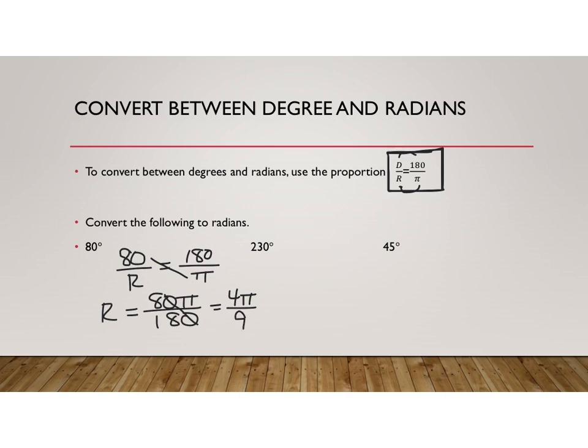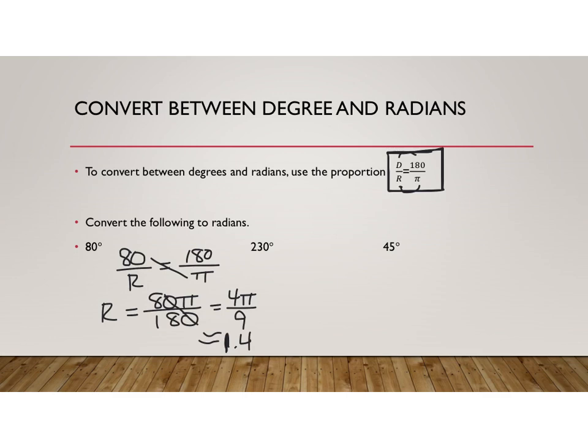If you type that in your calculator, using, let's say, 3.14 for pi, that comes out to be about 1.4 radians. Remember, we said 60 degrees was about 1, so 80 degrees is about 1.4.